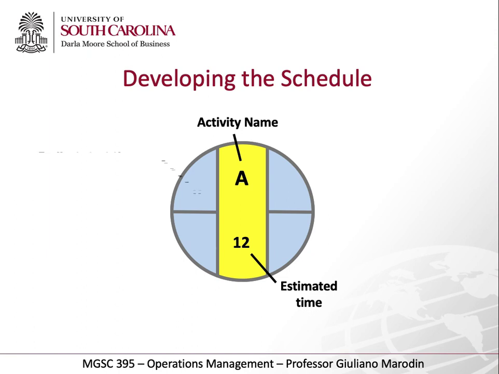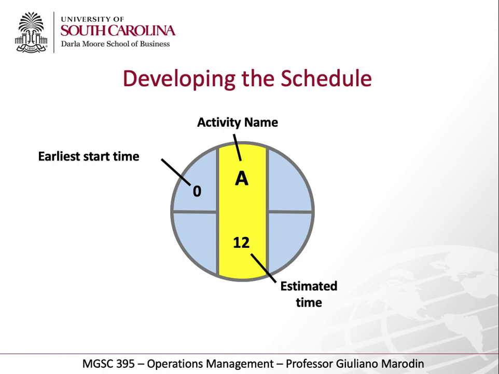The first one is going to be earliest start date. That is the earliest I can start that activity. Activity A, if you guys remember, was the first one after start, so I can start right away. I can start on week 0. And if I start on week 0, and it takes 12 weeks to be completed, when would I finish?